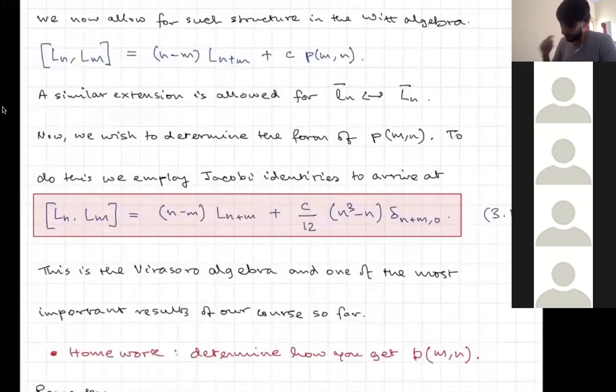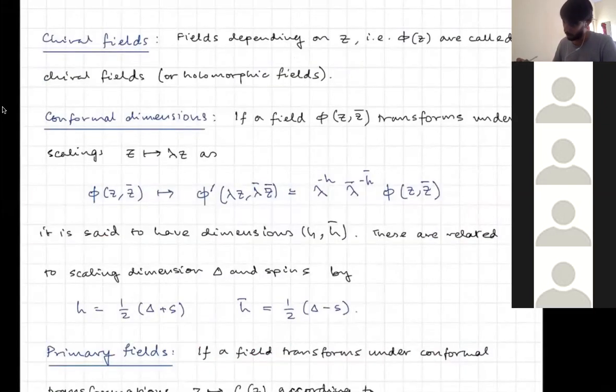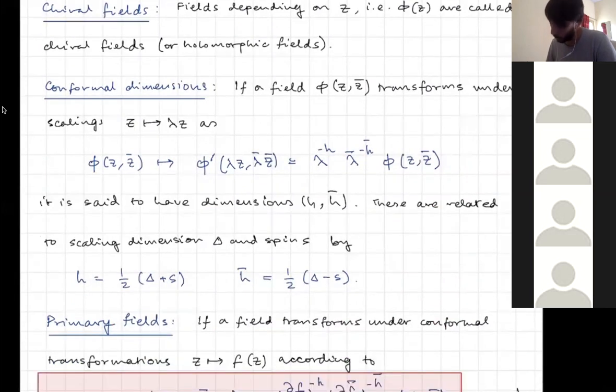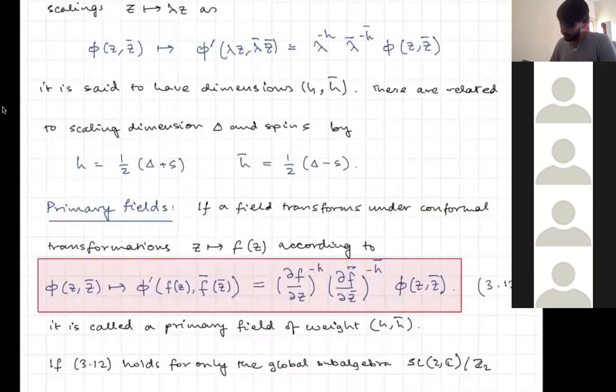A direct consequence of that is that h is half (delta plus S) and h bar is half (delta minus S). As you can understand, h plus h bar gives you delta and h minus h bar gives you S. Okay, we will get to this in more detail as well.